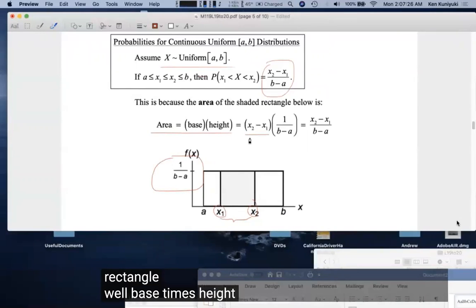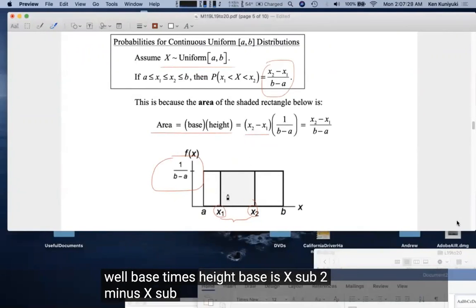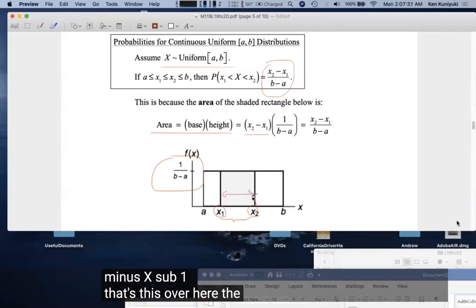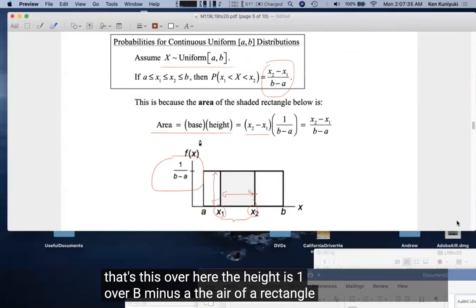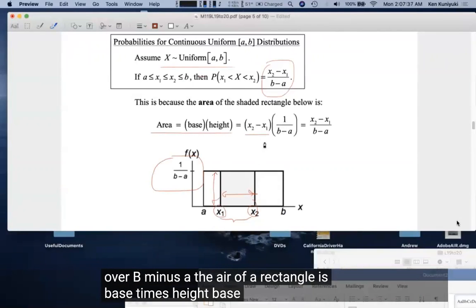Well, base times height. Base is X sub 2 minus X sub 1. That's this over here. The height is 1 over B minus A. The area of a rectangle is base times height.